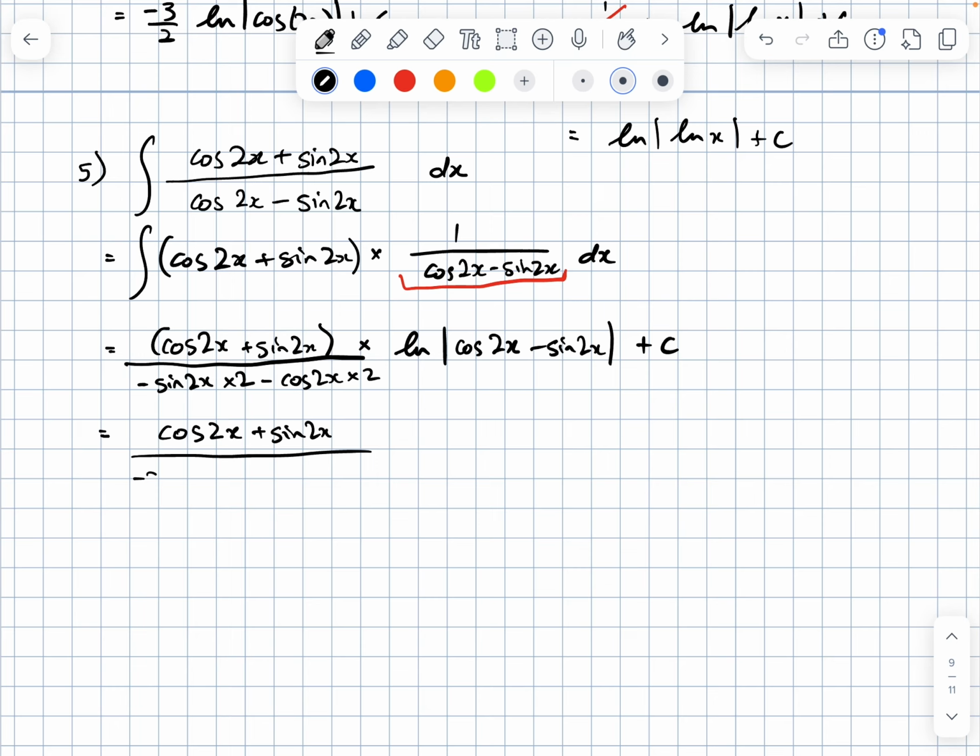That gives negative 2 out the front, leaving sine 2x plus cos 2x times ln of cos 2x minus sine 2x, and cos 2x plus sine 2x on the top, sine 2x plus cos 2x on the bottom, they are the same, giving us negative 1/2 as our coefficient.